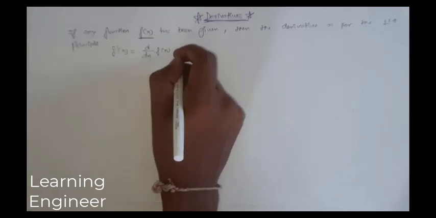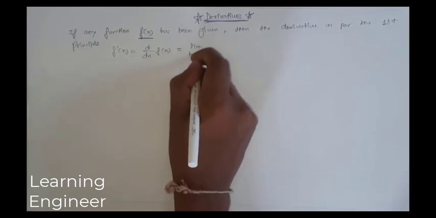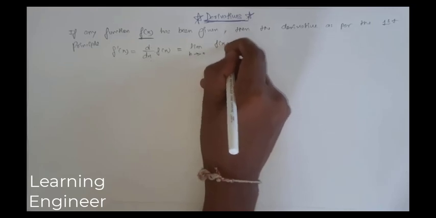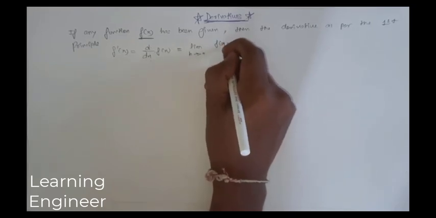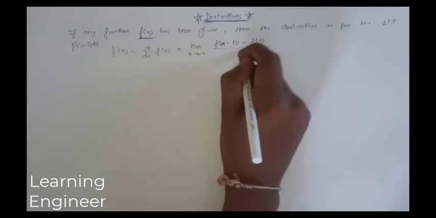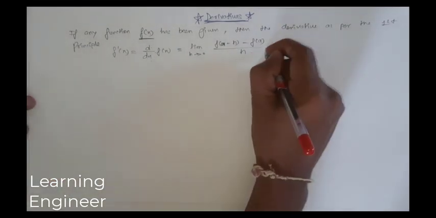The derivative of f of x will be equal to limit h tends to 0, f of a plus h minus f of a, whole divided by h. So this is known as the first principle of derivative.